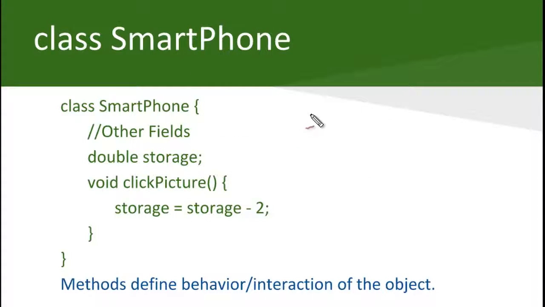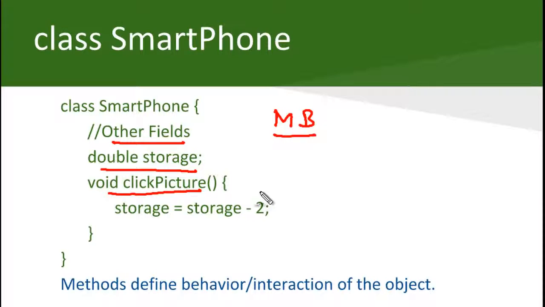But let us see through an example how methods in a class work, and the idea will be clearer. Now we take the same smartphone example which we took earlier. Consider other fields come here and we have storage, and storage is in MBs. Consider a method which we have called click picture.